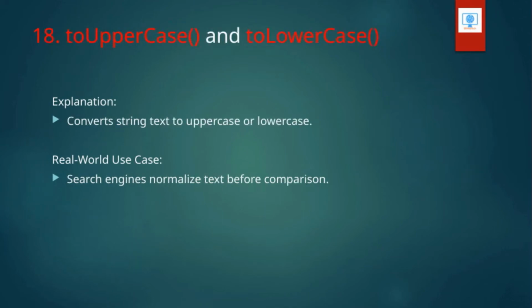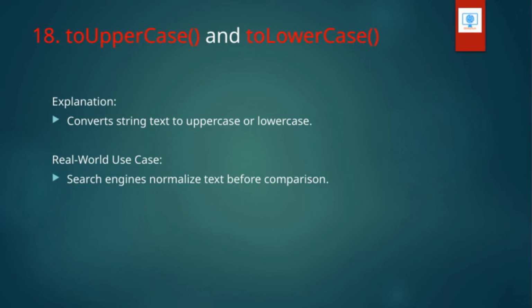Now, let's talk about converting text to different cases, specifically to uppercase or lowercase. This is a common operation when you're working with strings, especially in contexts like search engines or data processing. Essentially, these methods help us normalize text so that comparisons are more reliable. For example, before comparing two pieces of text, you might convert both to lowercase to ensure that differences in capitalization don't affect the match.